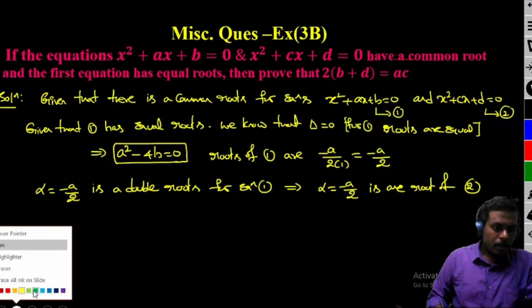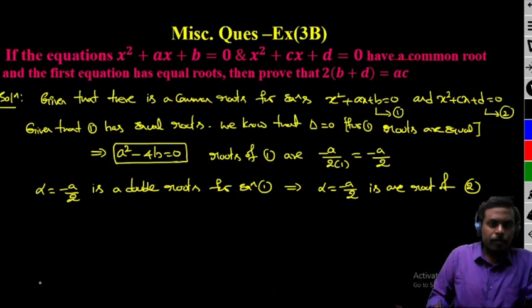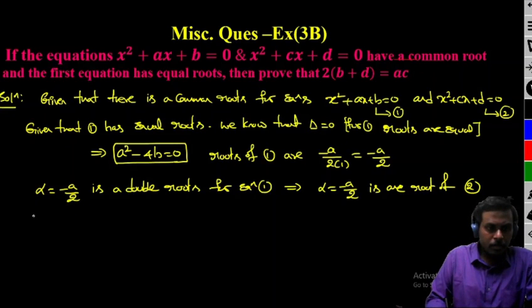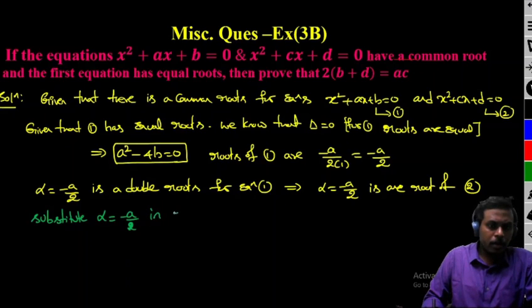Now substitute alpha is equal to minus a by 2 in equation 2.